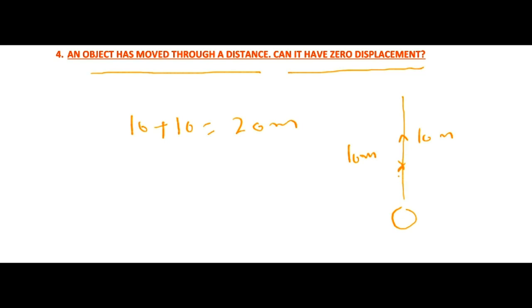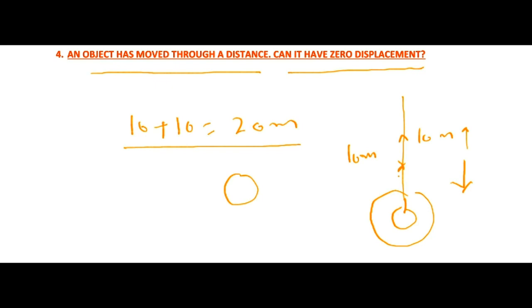Now if you talk about displacement, displacement is the shortest path between the initial and the final position. In this case, the initial and the final position are the same. So displacement becomes 0. I'm repeating again. Distance is the total path covered by the body. In this case, the object travels 10 meter in the upward direction and again 10 meter in the downward direction.